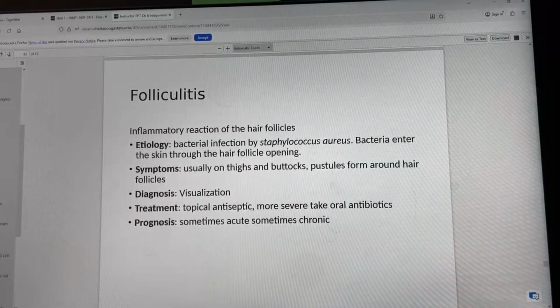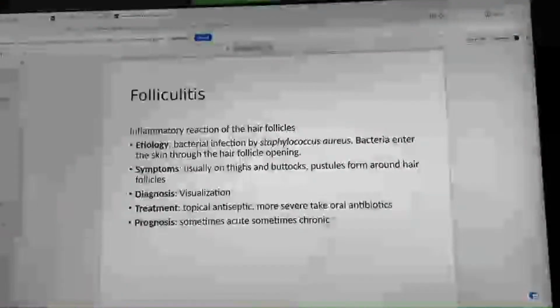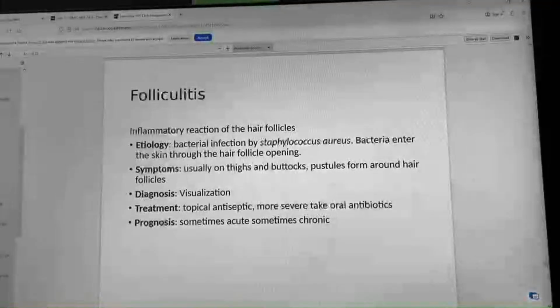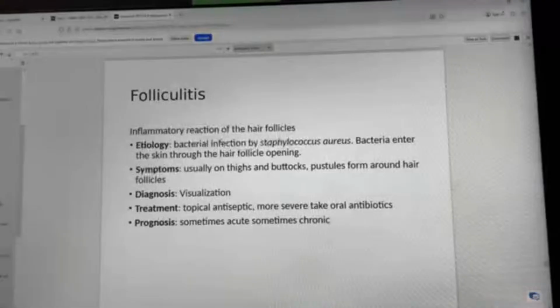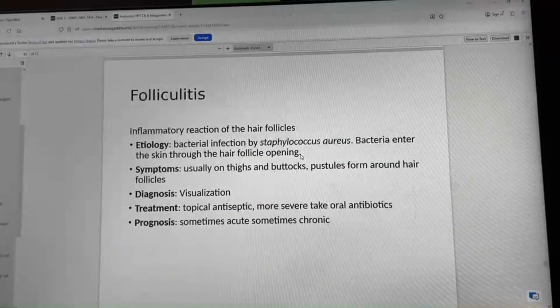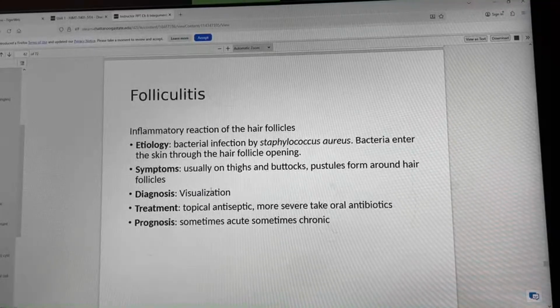Basically bacteria are getting into those hair follicles, and they get in better because shaving makes microscopic little cuts in the skin. They are usually found on thighs, buttocks, or hair follicles. I've seen a lot of men get them on their neck, and they can get a doctor's note. If their job requires them to shave, they get a doctor's note saying that they have folliculitis, and they can get away with having a beard.